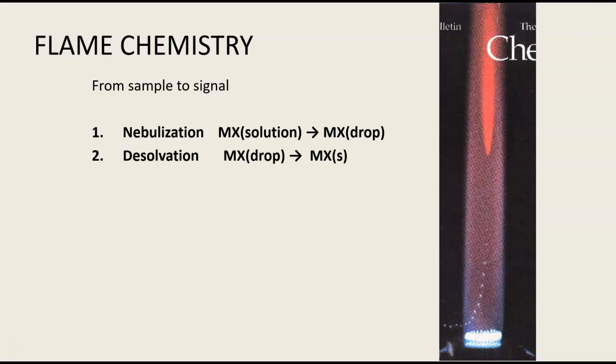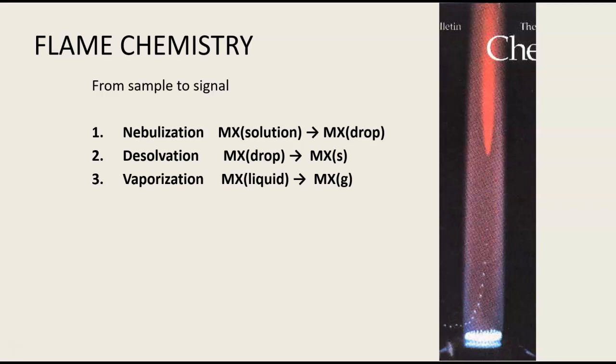And so in the flame, the process known as desolvation takes place, where the liquid droplet, the water, the solvent is evaporated, and we now have a solid that's left, metal salt. It's listed as MX.